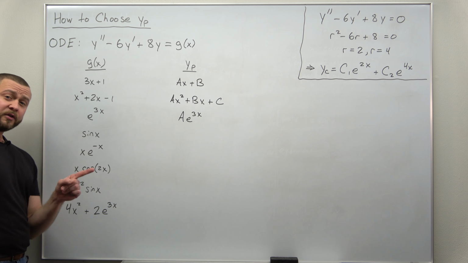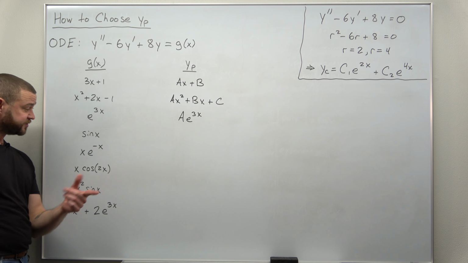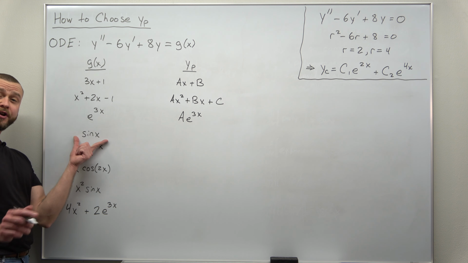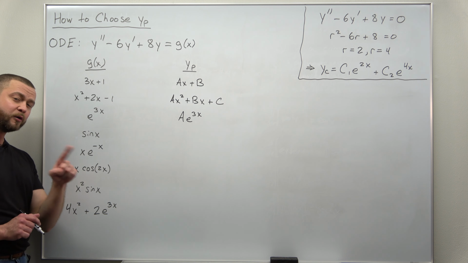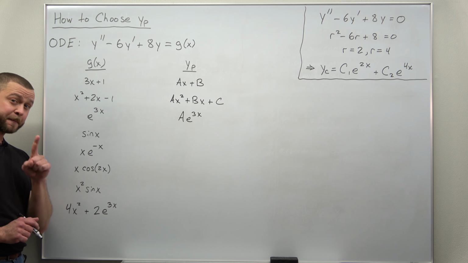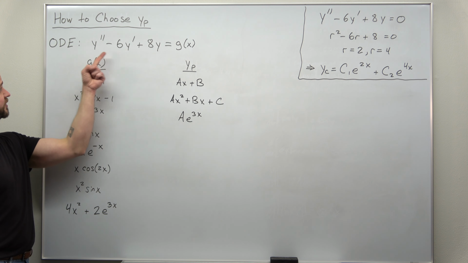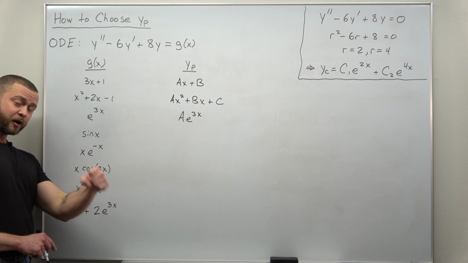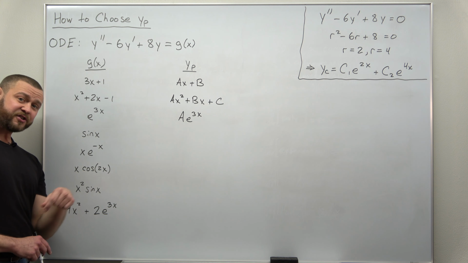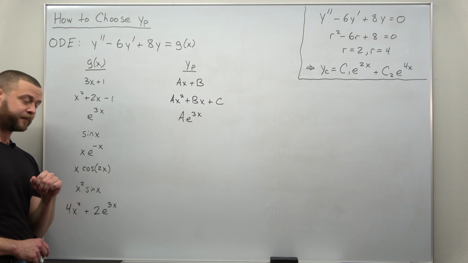All right, now we move on to combinations with sine and cosine. So perhaps here g of x is sine of x. Think of how sine and cosine differentiate in combinations with a first and second derivative. If you differentiate sine, you get cosine. Differentiate that again, you get negative sine.